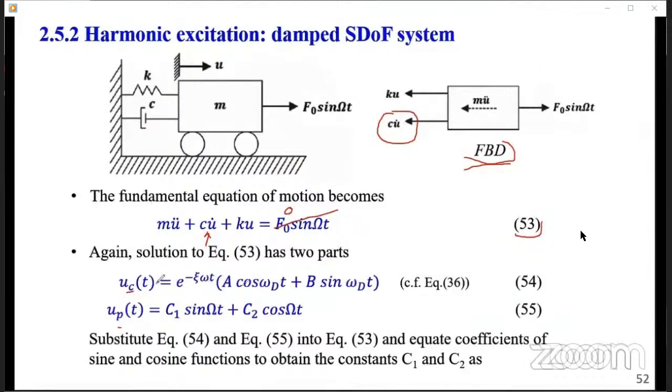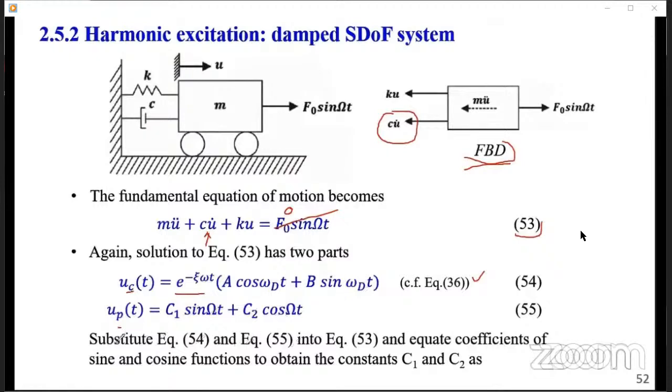We covered that in lesson number 3, and this is a restatement of equation 36 in your classroom. We found it to be in this form. Now, the particular solution will have two parts, C1 sine omega t plus C2 cos omega t.